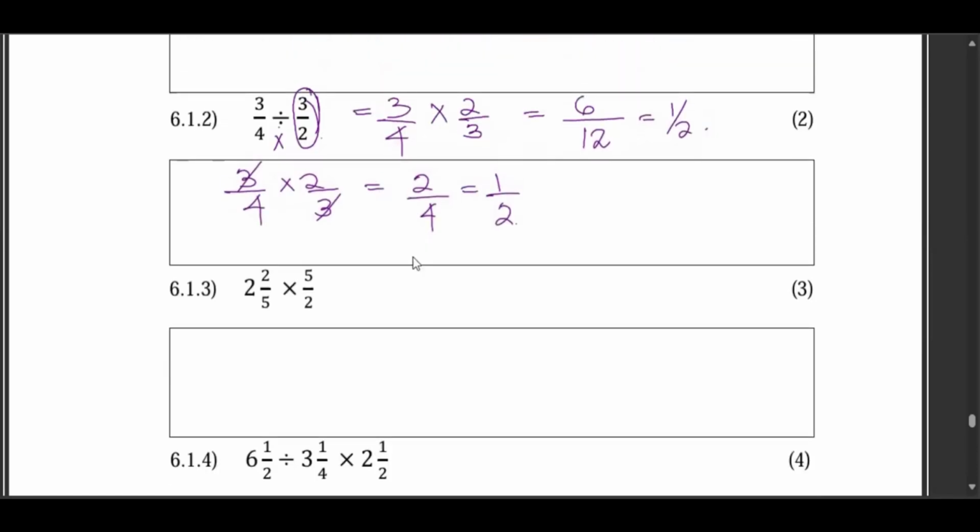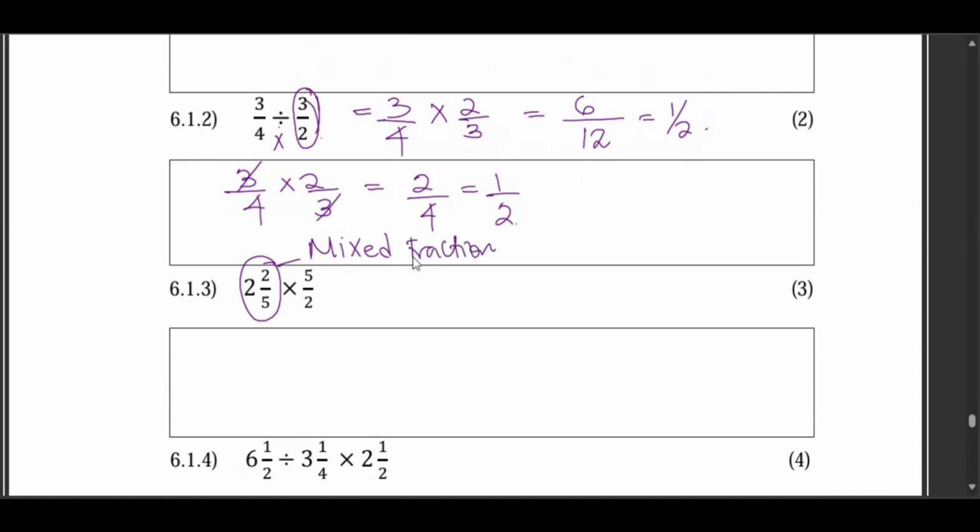Now, here we are multiplying, but on one side we have what we call a mixed fraction, which causes an improper fraction.